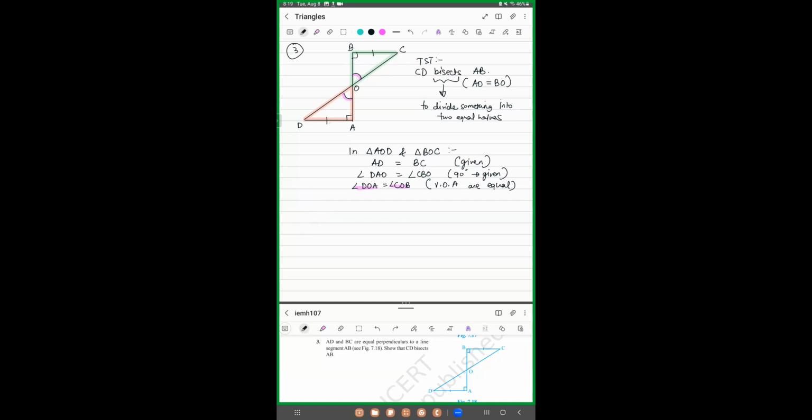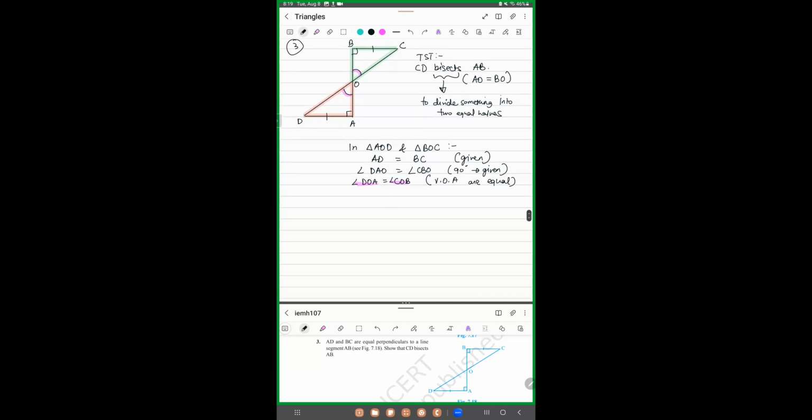Fine. See, if these two angles are equal to each other, that means if this angle is equal to this angle and 90 degrees equal to 90 degrees, then obviously the third angle will be equal. Why will it be equal? Because in each triangle, it's going to be 90 plus the pink angle, which is angle DOA, plus angle D. It's going to be 180.